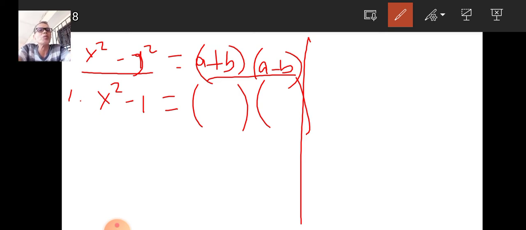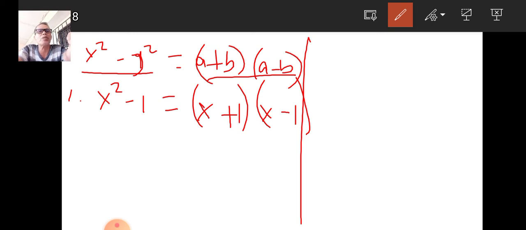So x squared has the factors of x times x, and 1 has the factors of 1 times 1. Then just put positive on one and negative on the other. So that is how to factor the difference of two squares. Always remember that if the product is the difference of two squares, the factors are the sum and difference of two numbers.